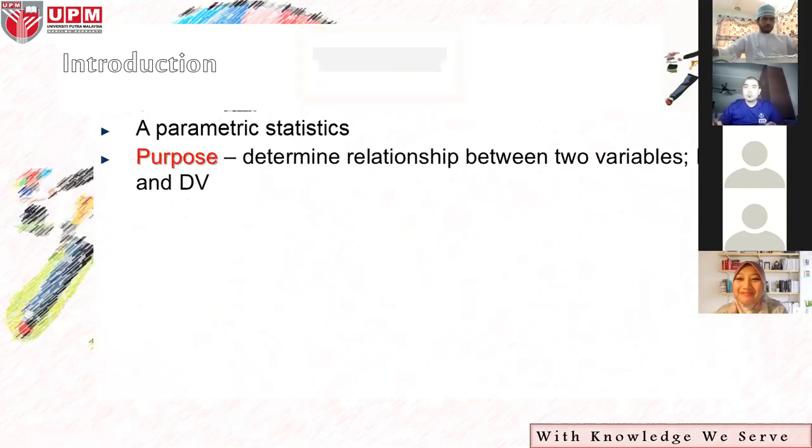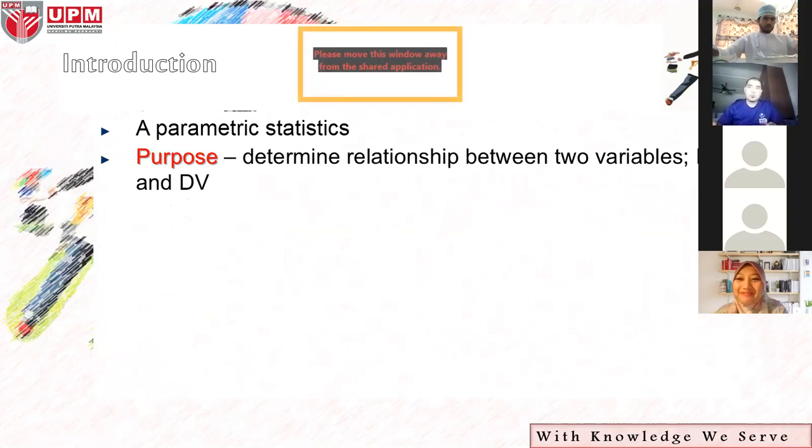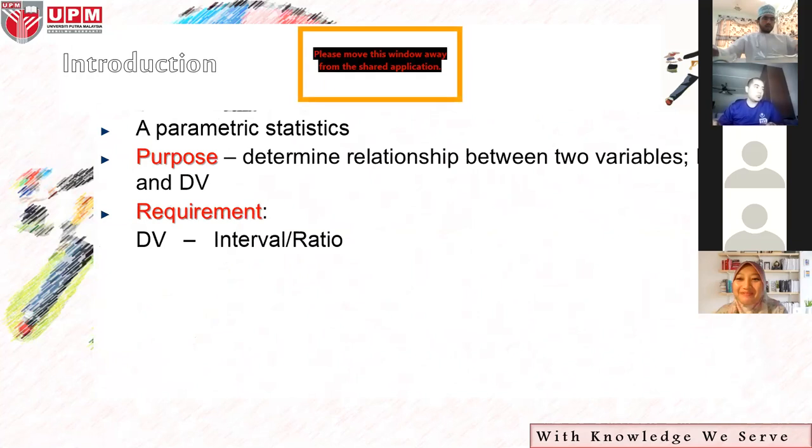It is a parametric statistic. The purpose is to determine the association or the relationship between two variables. The requirement is that both your DV and IV must be in interval or ratio scale of measurement.